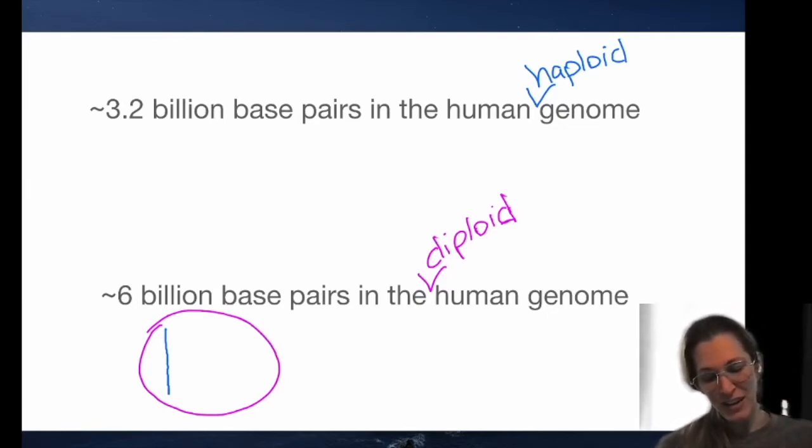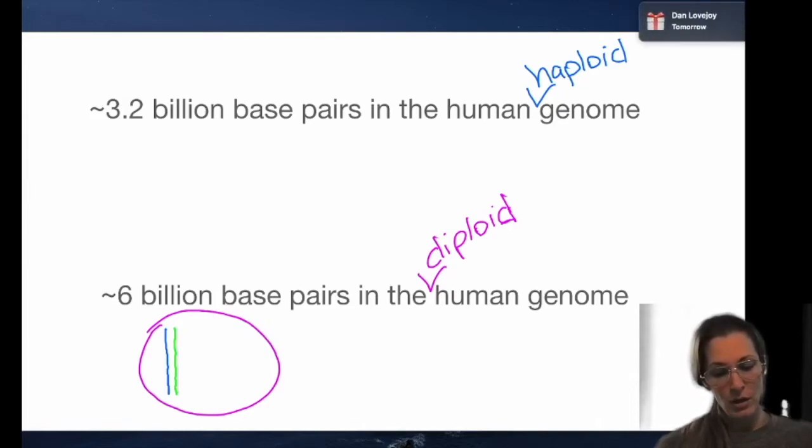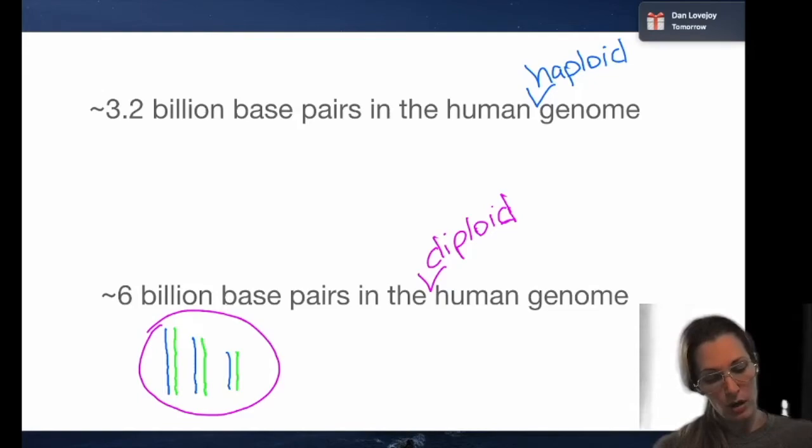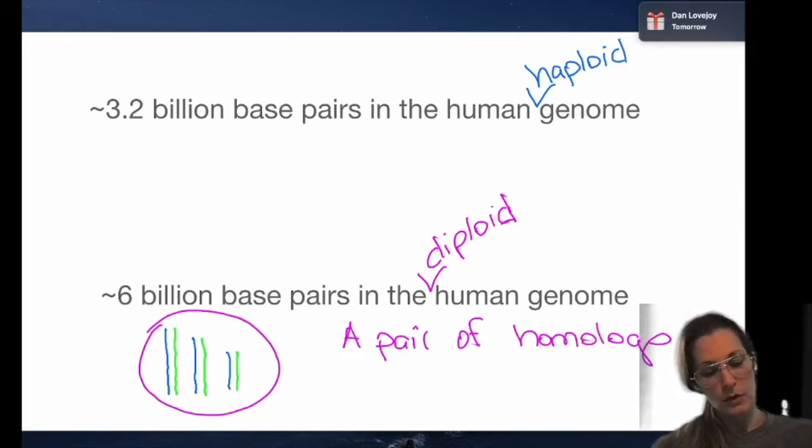So you're going to have two versions of chromosome 1. You're also going to have two versions of chromosome 2, two versions of chromosome 3, and on down the line. So two versions, or a pair of homologs, for every chromosome.